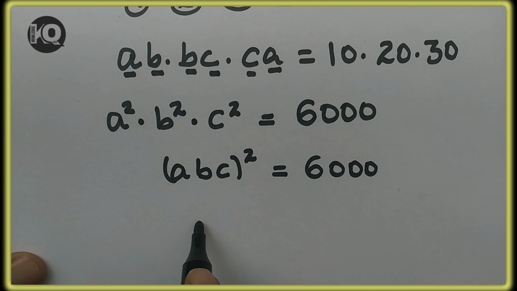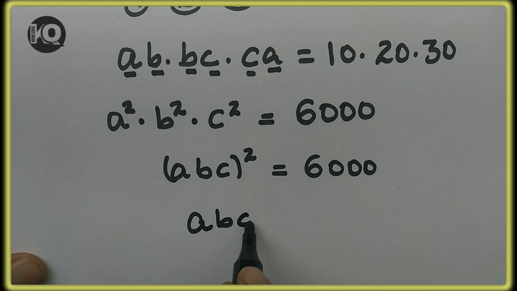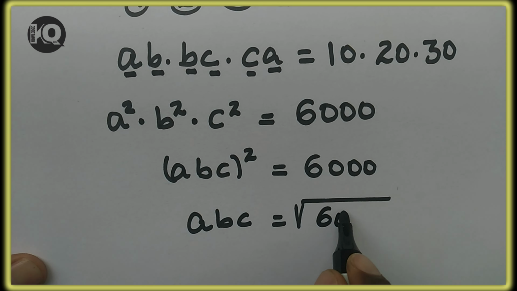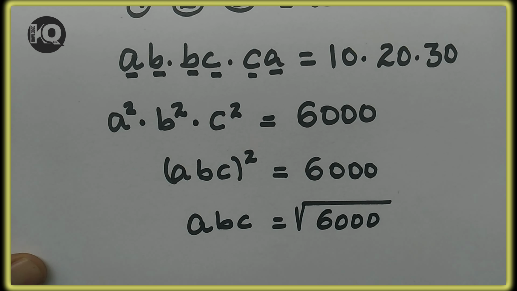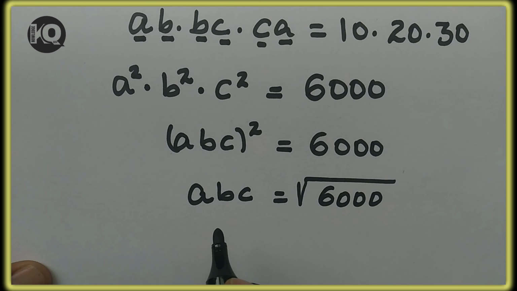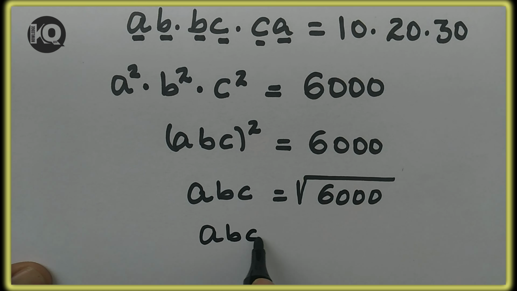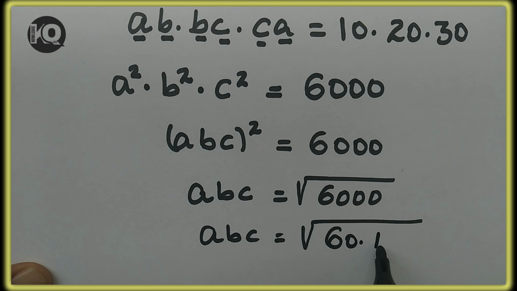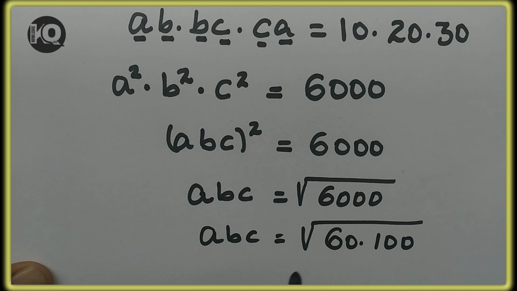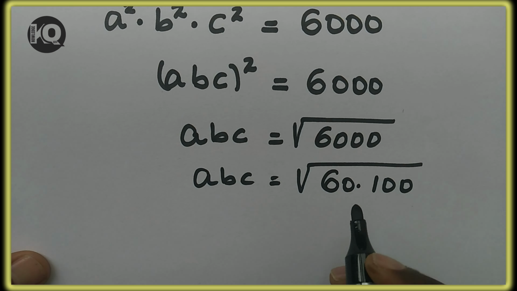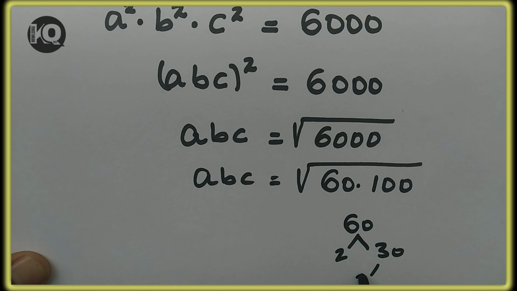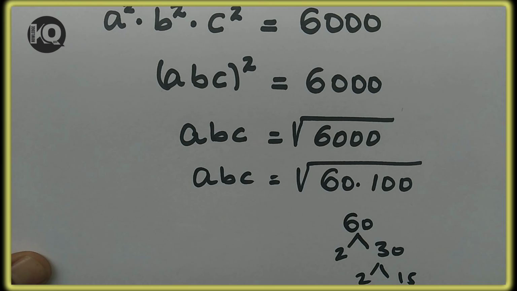Now ABC will be the square root of 6,000. This 6,000 can be written as 16 times 100. So now let's factorize this 16 by 2, 30 by 2, 50.